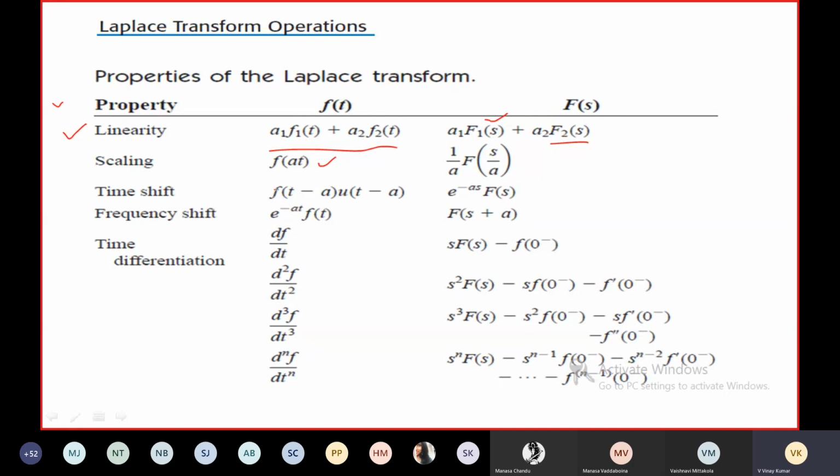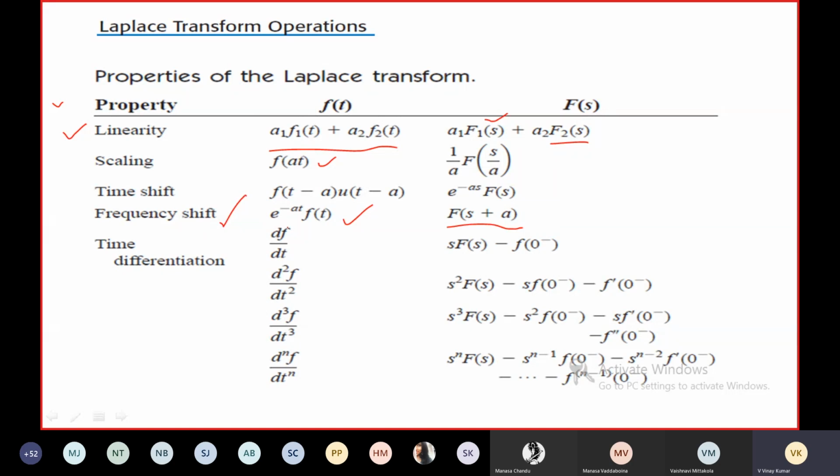Time shift property: f of t minus a u of t minus a means e power minus as F of s. Then, e power minus at f of t means F of s plus a. This is the frequency shift operation.